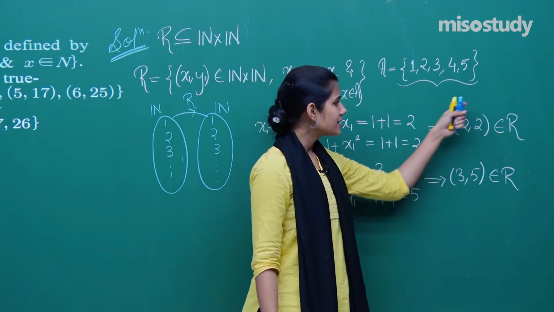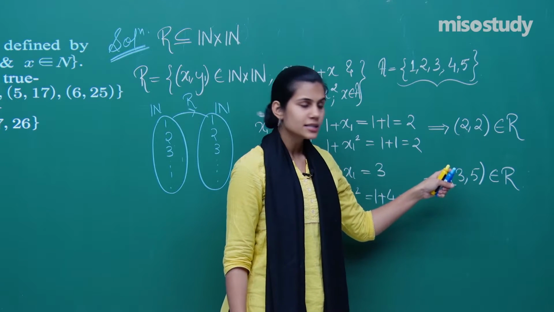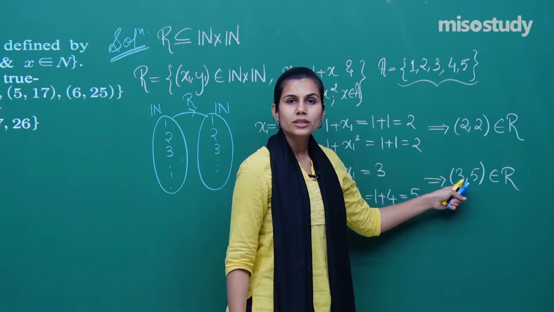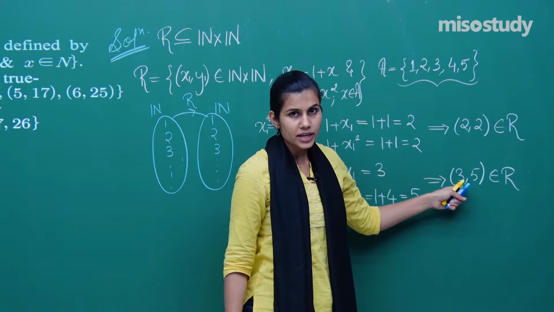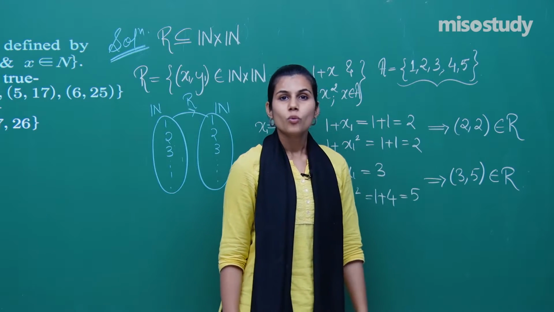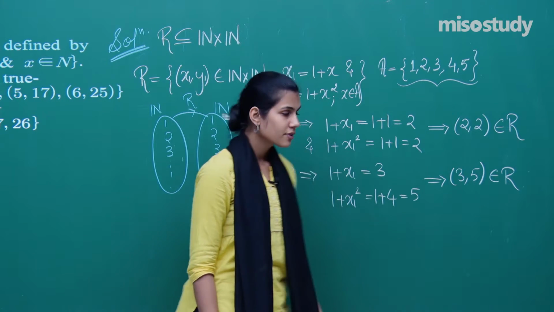Because inside R are sitting such ordered pairs where the first component is formed with the help of 1 plus x type of things, where x is coming from 1, 2, 3, 4, 5.